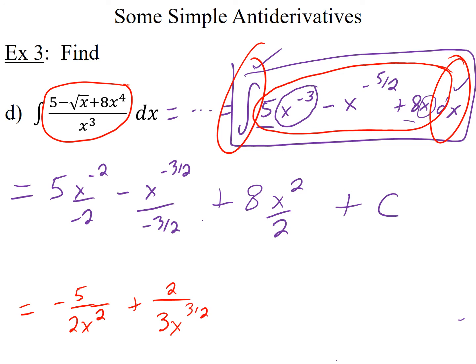So again, my idea is I'm flipping it, it becomes 2/3, and then when you move the x down, it hangs out with a 3 that was already on the bottom of the 2/3. Okay, and then plus, this is going to be 4x squared plus c.